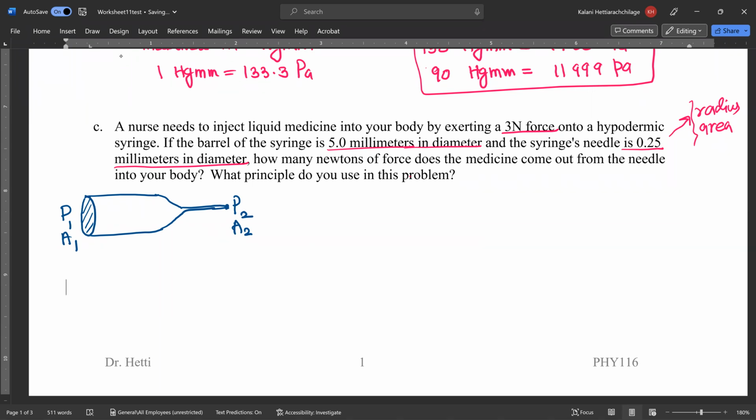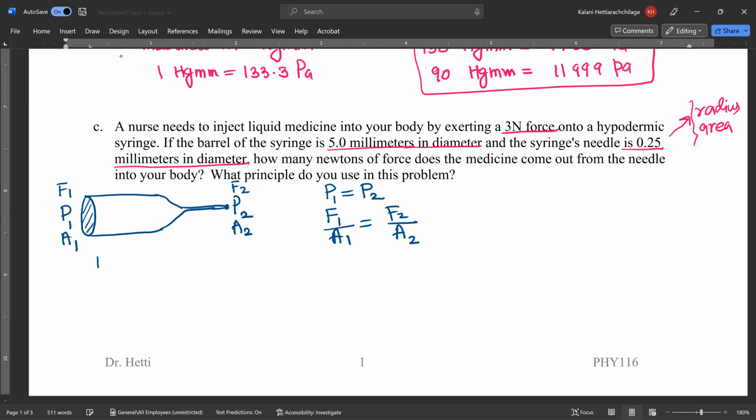So pressure at point 1 is equal to pressure at point 2. We can write this as force 1 divided by cross-sectional area 1 equals force 2 divided by cross-sectional area 2. This is the hydraulic lift that we discussed, same formula, right? So now by using this one, you can write F1.